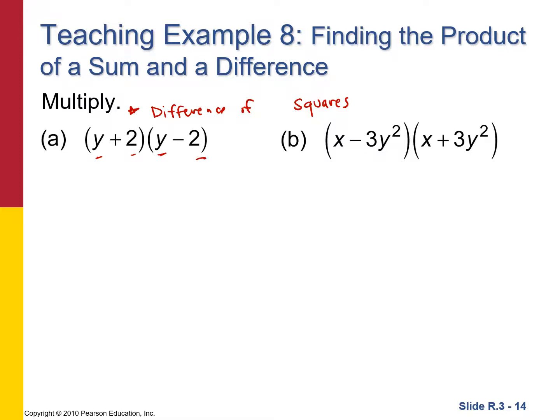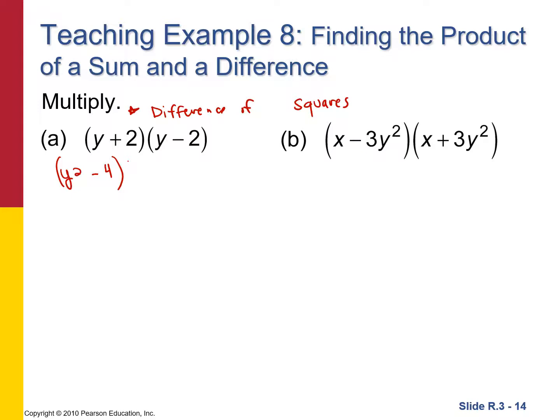And the only thing that's different is this guy right here. And so the difference of squares, normally you would say, okay, multiply everything out. But because you see that everything is the same except for the addition and subtraction sign, you're actually just going to have y squared minus 4. Okay?